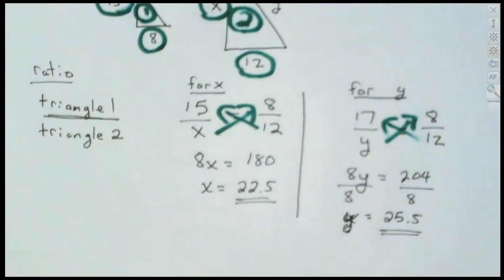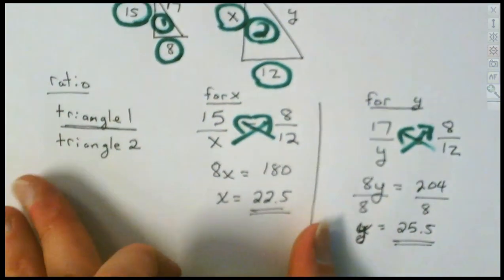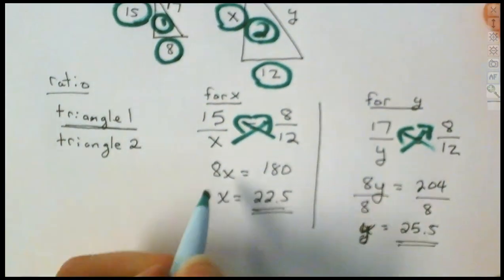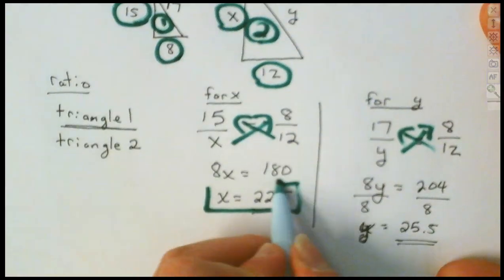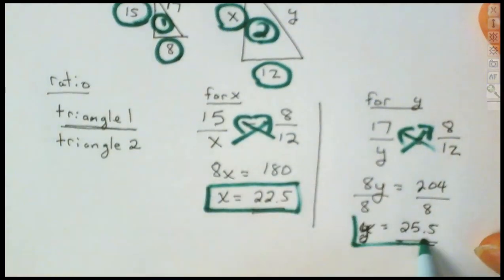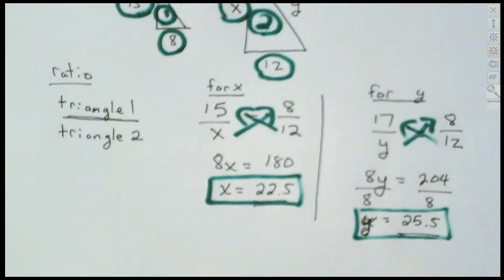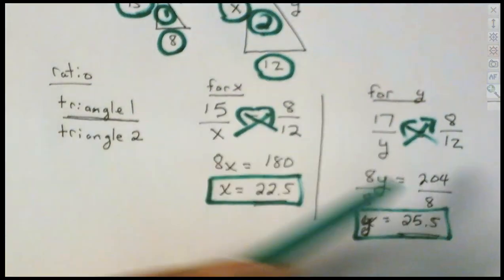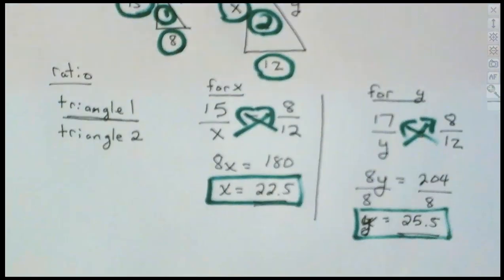So we have now found the missing pieces. We found the x part, and we found the y part. So if we were enlarging a photo, we would do the x and the y part, plug those numbers in, and that would give us the same ratio. We'd be able to keep the exact same triangle.